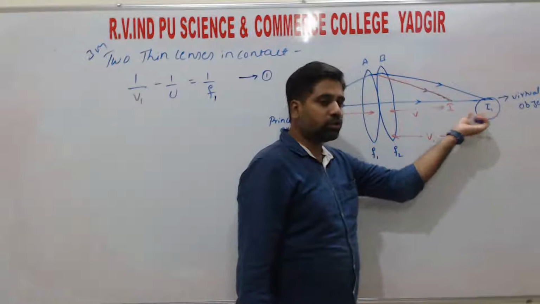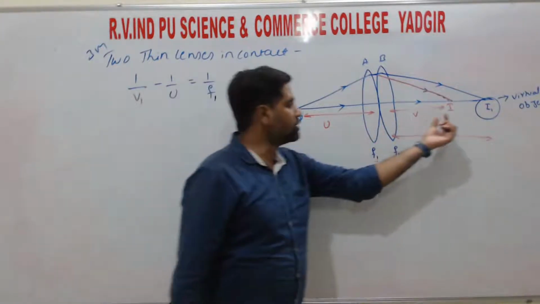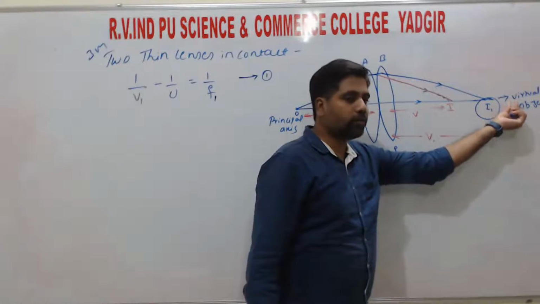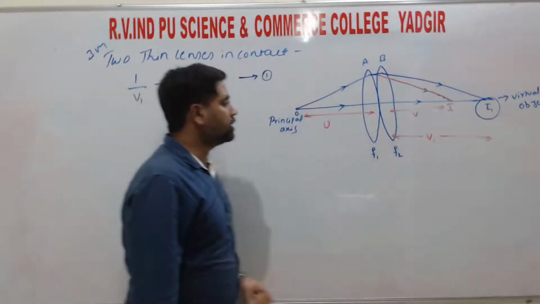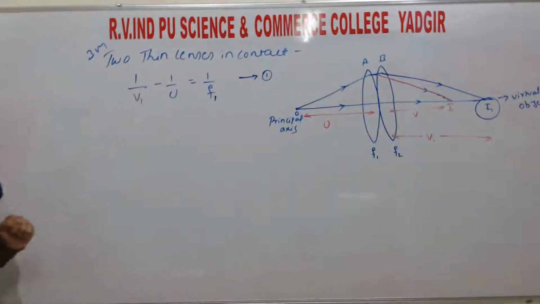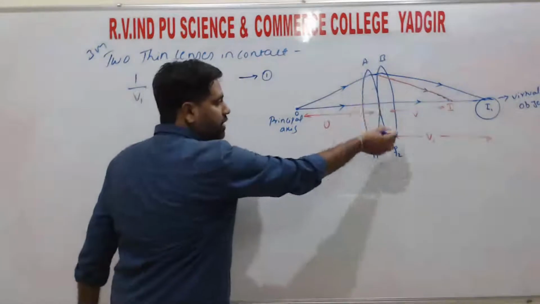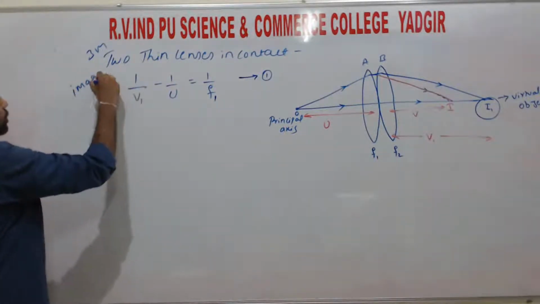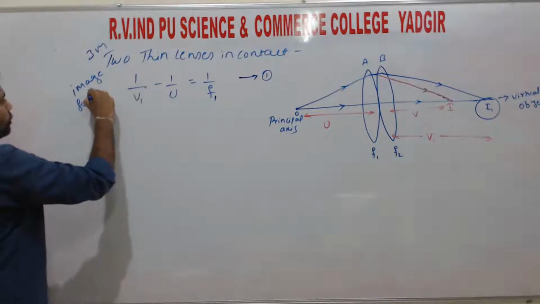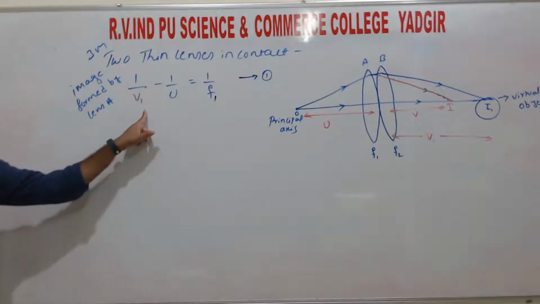Actually, it is the image of the object which is formed by the lens A. So this I1 acts as a virtual object for the lens B. That is the first relation, for the image formed by lens A.